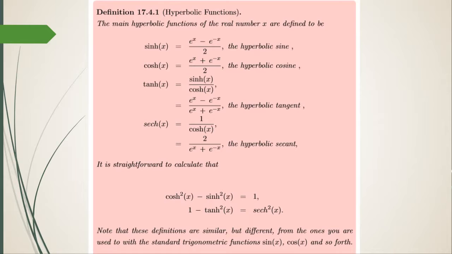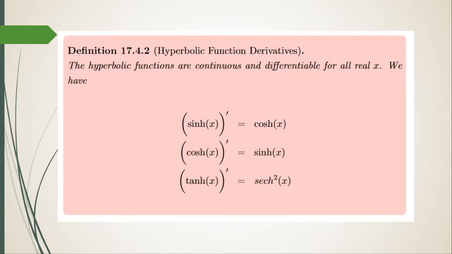Note that these definitions are similar to, but different from, the ones you are used to with the standard trigonometric functions sine, cosine, and so forth. So now let's go through the second definition, which is hyperbolic function derivatives. The hyperbolic functions are continuous and differentiable for all real x.